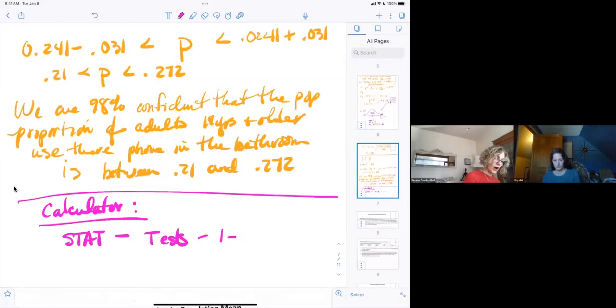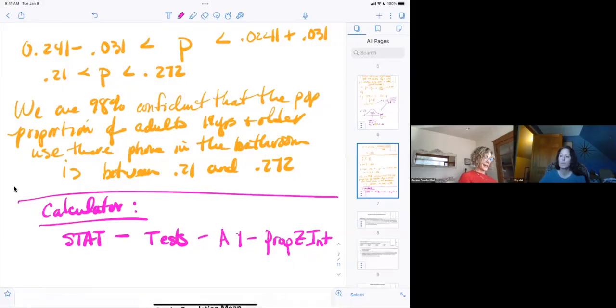Okay, so you arrow all the way down until you see A. When you arrow down to A, it will say 1-PropZInt, the one-proportion Z interval.